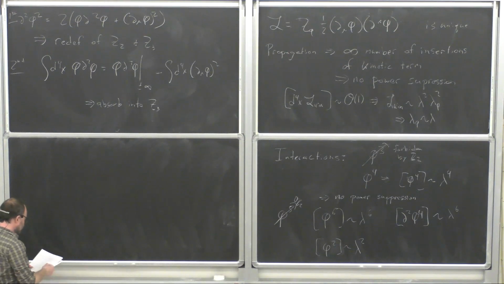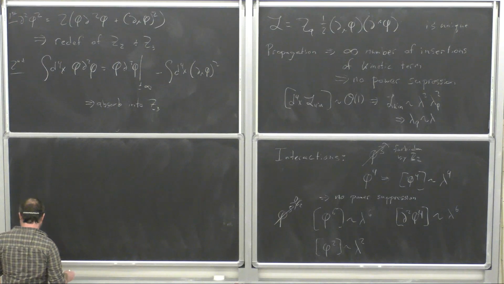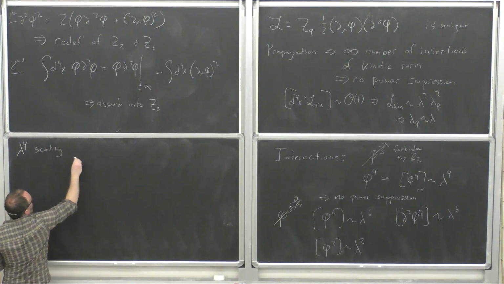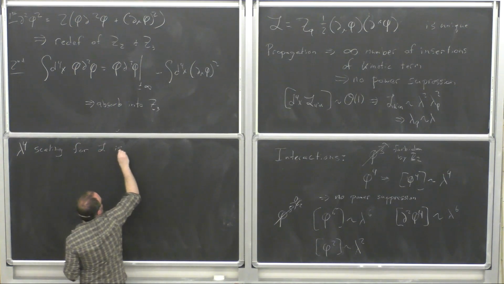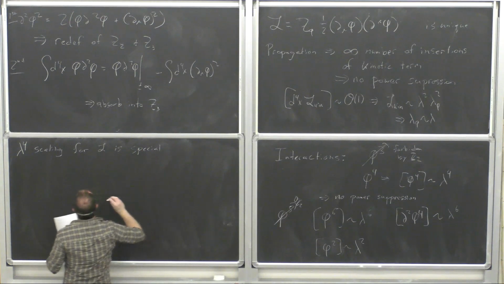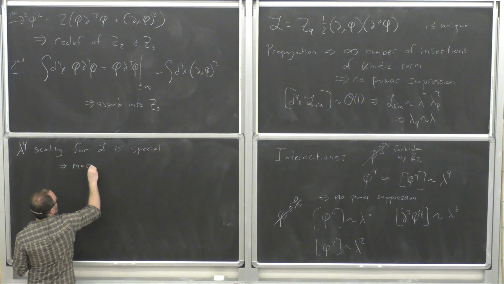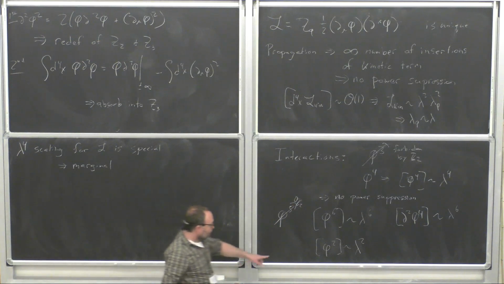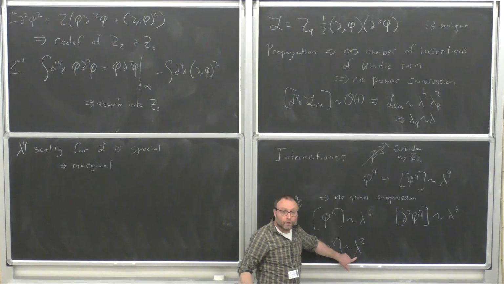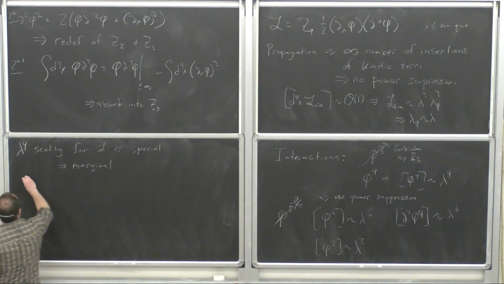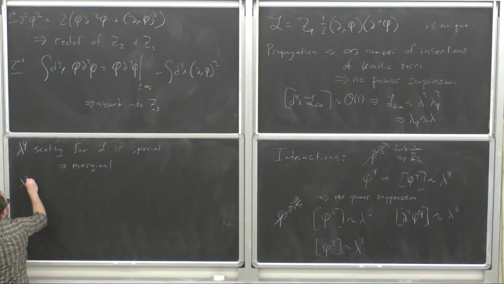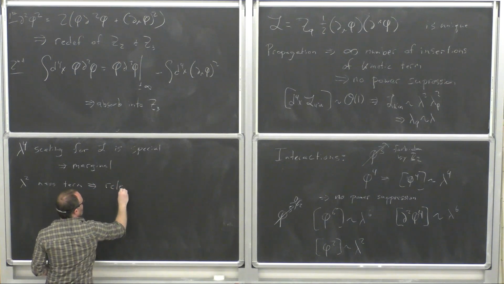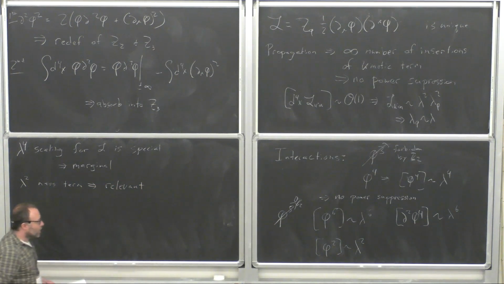Basically, the idea is that in this setup, lambda to the fourth scaling for a Lagrangian term is special. We call that marginal. The mass term scales like little lambda squared, okay? We call that a relevant parameter. And let's talk about that a little bit.